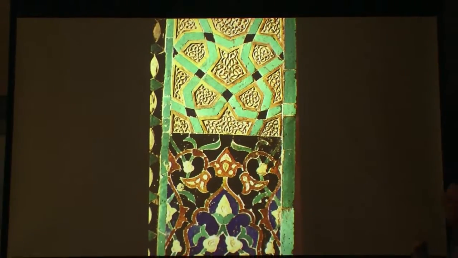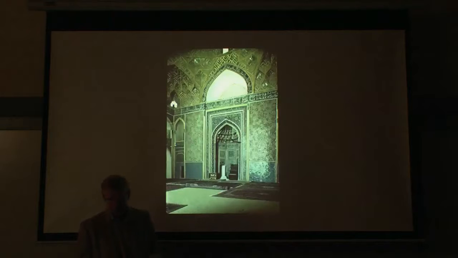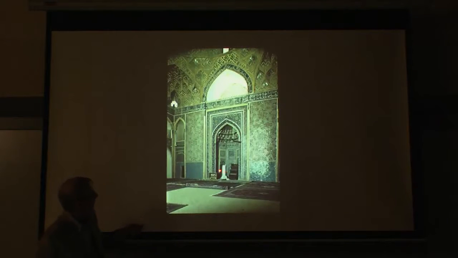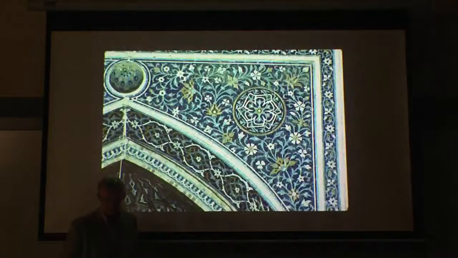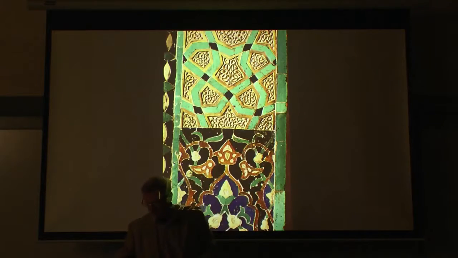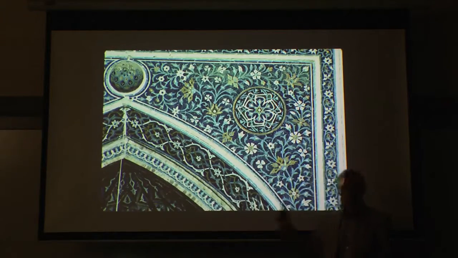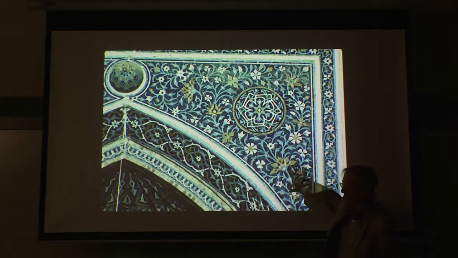This is another little detail from part of the decoration on the mihrab. Actually this little panel here, just one of the friezes at the side. Oh yes, we didn't talk about the technique of tile decoration. What do you call this particular technique?